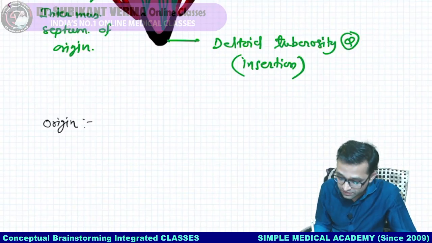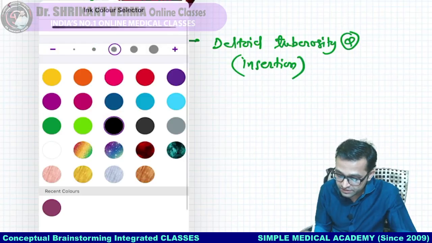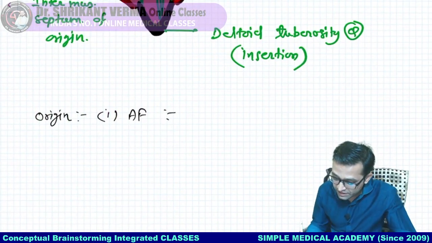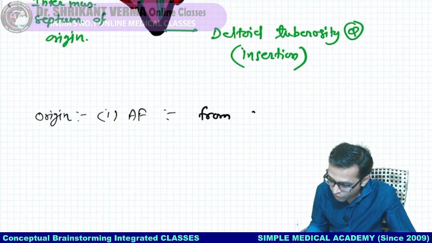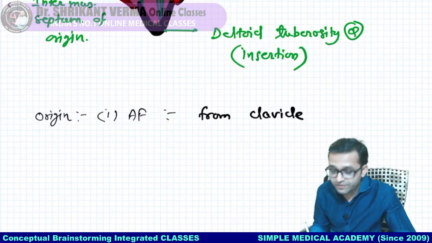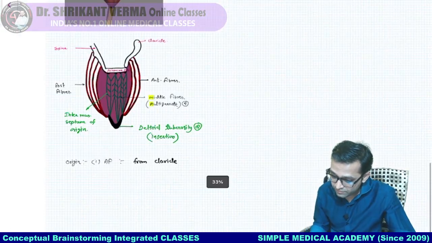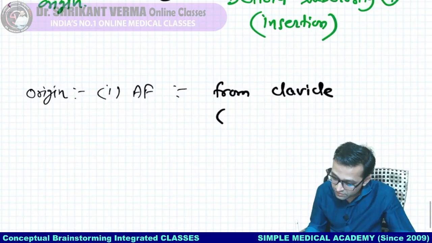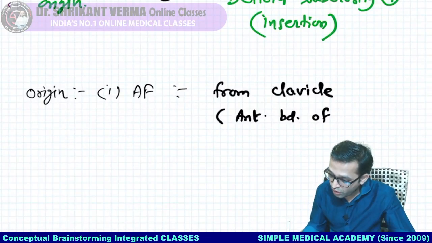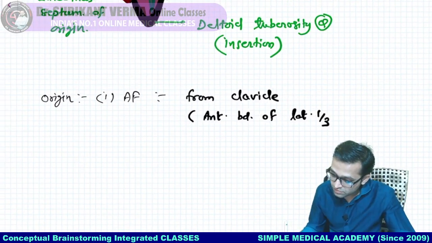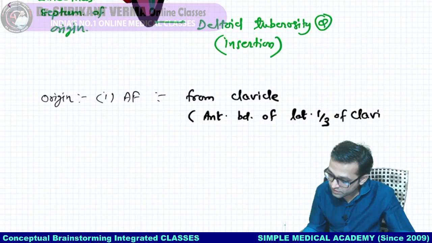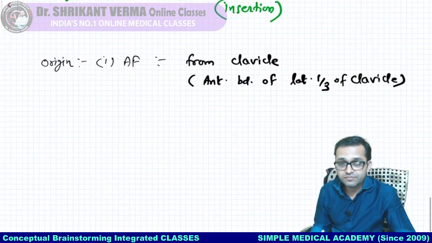Yes sir. First, anterior fiber. The anterior fiber is taking origin from the clavicle. Good, complete answer: anterior border of lateral one-third of what? Clavicle.